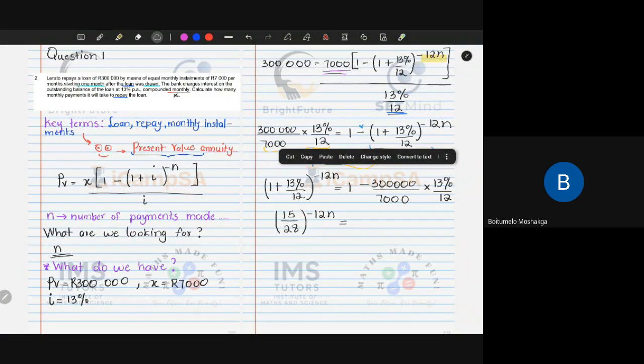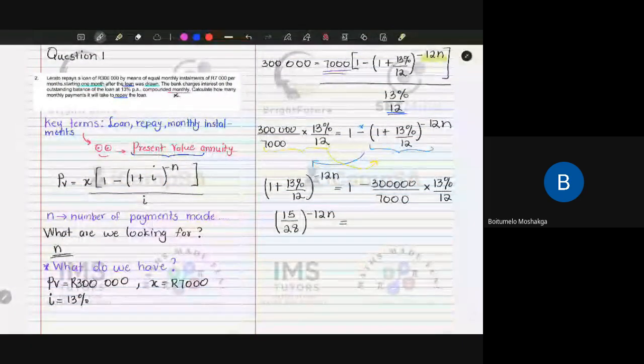What do you get, guys? Sir, yes, we made a mistake. The first answer is 1,218 over 1,200. So you're saying that 15 over 28 is not correct? Yes.